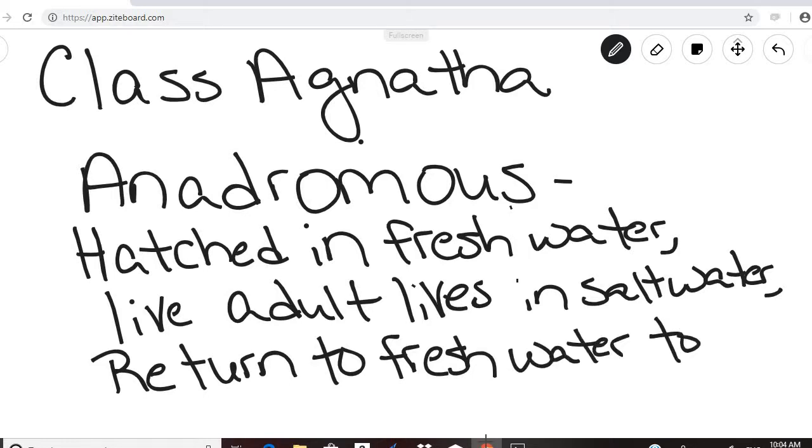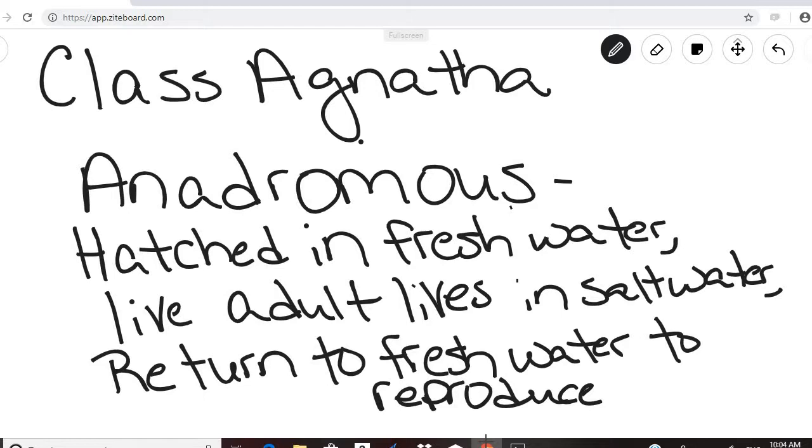So the lamprey is an example of an anadromous organism. Salmon is another example. You've probably heard that salmon leave the ocean and go to freshwater streams in which they lay their eggs.